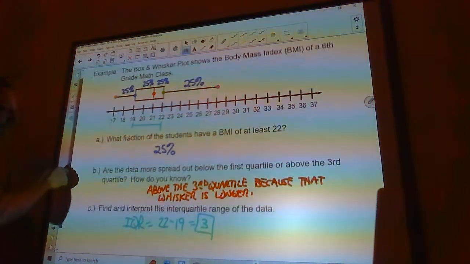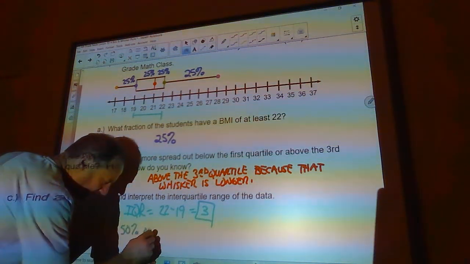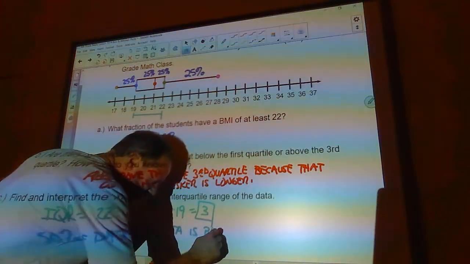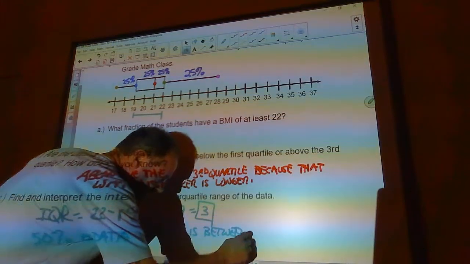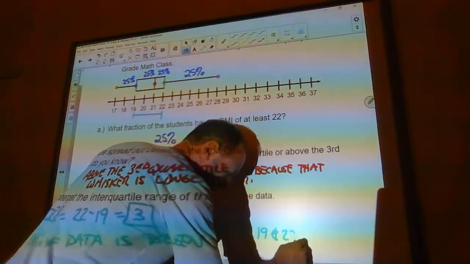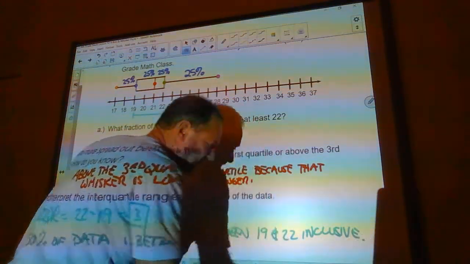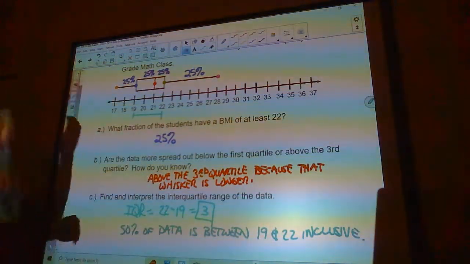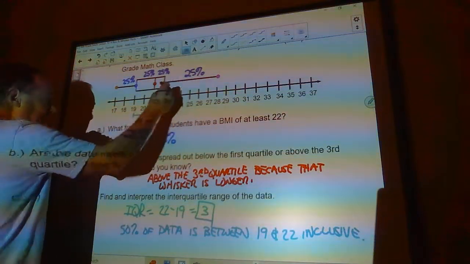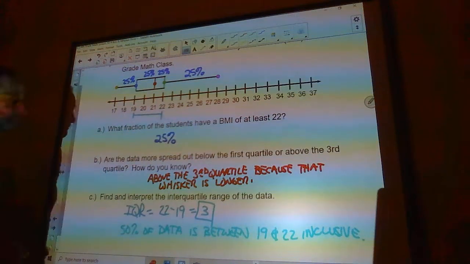That means that 50% of the data is between 19 and 22 inclusive. Inclusive means that 19 and 22 are included in the answers. So there could be data right here, and anything in between them.